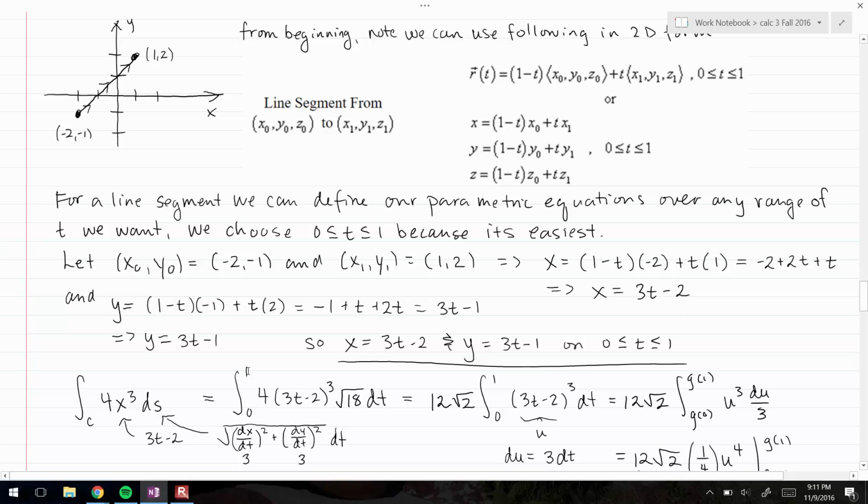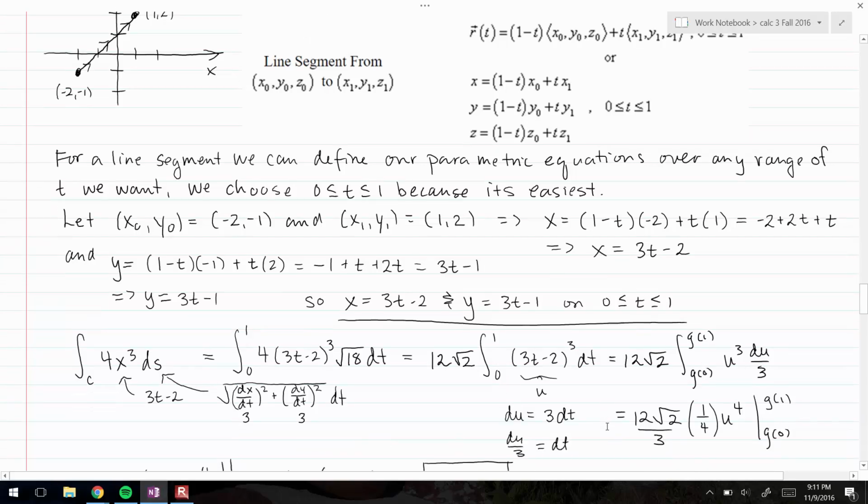Our 0 and 1 in this integral come from the line segment; we set this up so that our parametric equations go from t equals 0 to t equals 1. That was by design. So we plug that in, and then you could expand this by taking the binomial times itself 2 more times, or notice that a u-substitution might be a bit faster.